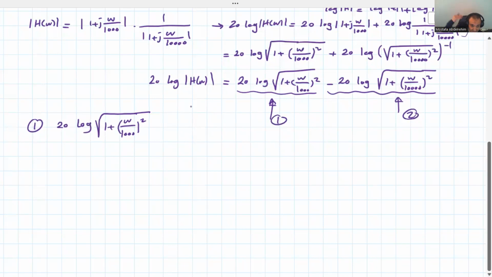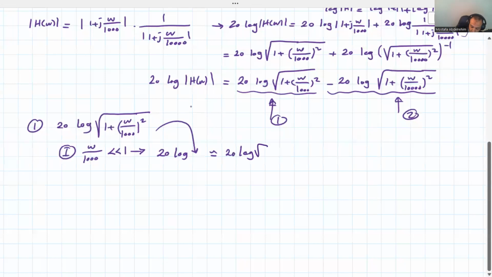When we studied that last time, we divided it into two halves. We have two cases. Case 1: when omega over 1000, where 1000 is omega c, the cutoff frequency, is much less than 1. In that case, we can approximate 20 log of all of that as 20 log square root of 1.